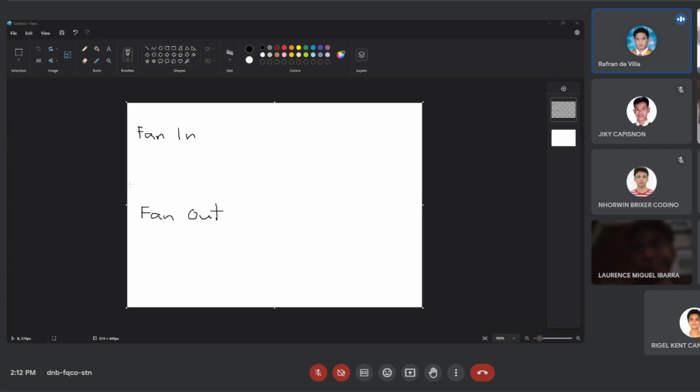So what did you understand? For fan-in, sir, I understand, but for fan-out, I understand what a standard load is, so the number of standard loads. For fan-in, what is the definition? The number of inputs connected to a gate or circuit, sir.